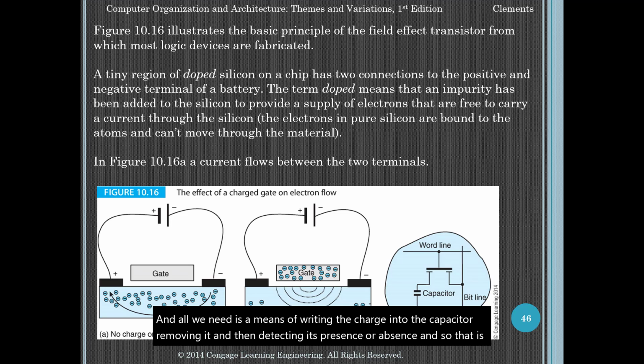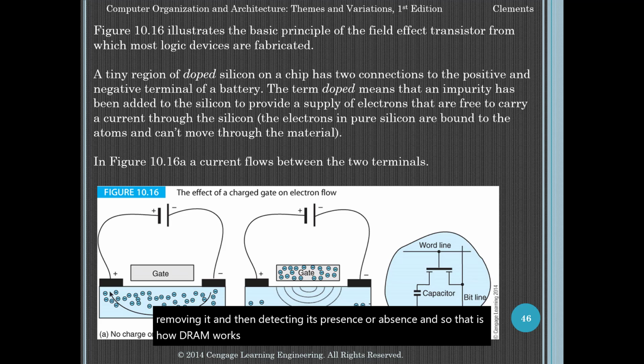And if we look at figure 10.16, it illustrates the basic principle of the field effect transistor, from which most logic devices are fabricated. So we have this tiny region of doped silicon on a chip. It has two connections to a positive and negative terminal of a battery, right?